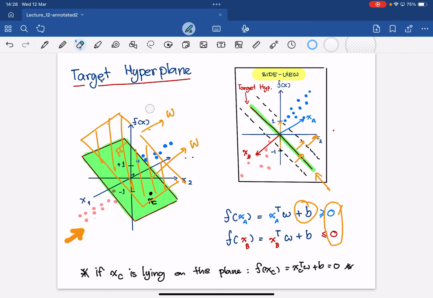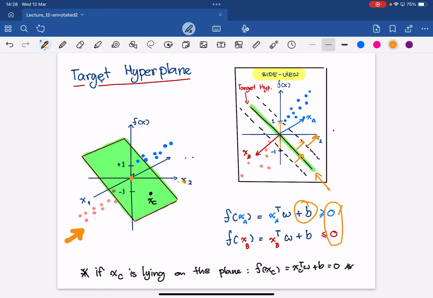So let's say your hyperplane was touching the origin, then your hyperplane function should be W transpose X equal to 0, right? This is your hyperplane at the origin.